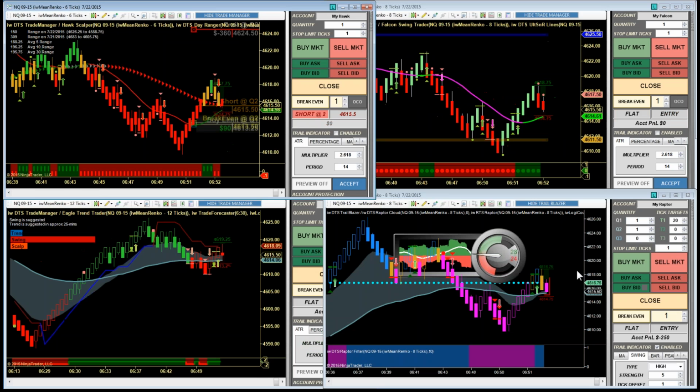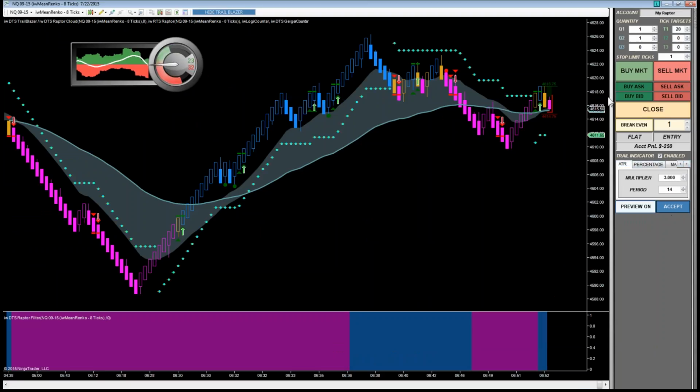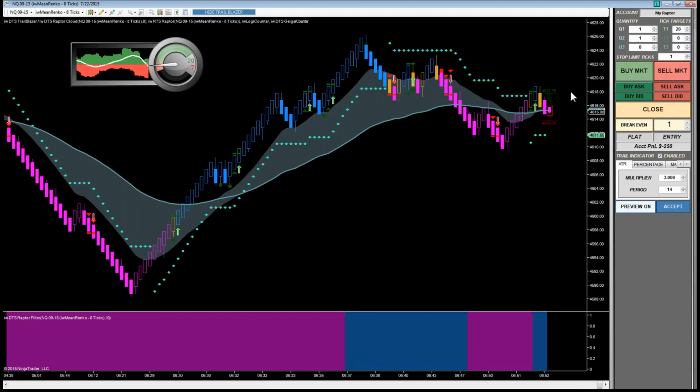Whereas with the Trailblazer, all I needed to do is hit my buy or sell buttons. See, if I hit my sell button, for instance, there's no order here, but I'm just showing you.